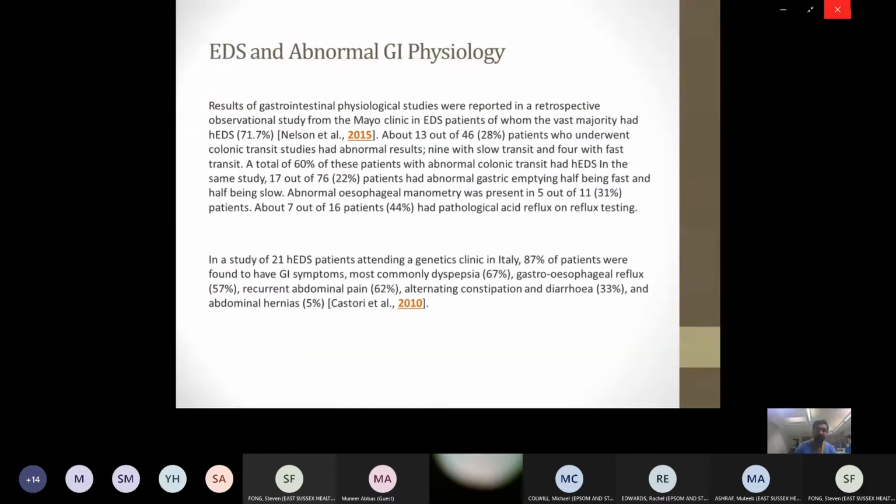Results of gastrointestinal physiological studies were reported in a retrospective observational study from the Mayo Clinic in EDS patients, the vast majority of whom had hypermobile EDS.